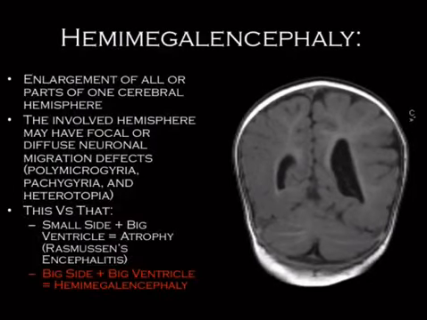So this is hemimegalencephaly. It's an enlargement of all or parts of one cerebral hemisphere. And you'll notice that, like I pointed out, the big side has a big ventricle, as opposed to the small side having the big ventricle, which is more of an atrophy thing. And that's what Rasmussen encephalitis looks like, which would make a good distractor. So everything's big in hemimegalencephaly.